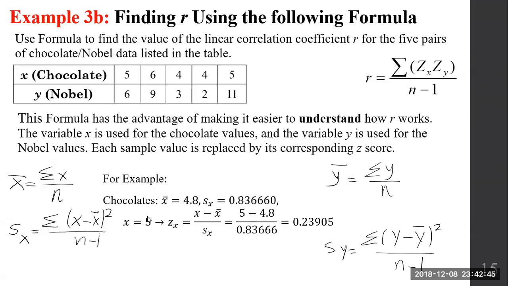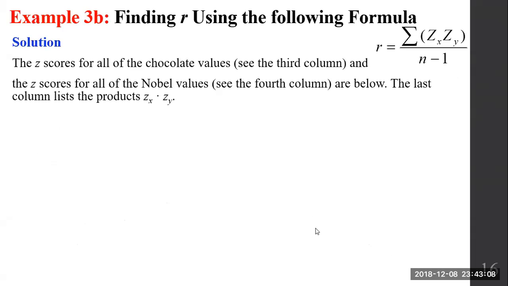For x equal to 5, z of x would be x minus x bar over s of x, and that would be this value here. We use the same formula for y bar and s of y similarly. We did it for one of those values, and it turns out to be 0.23905.